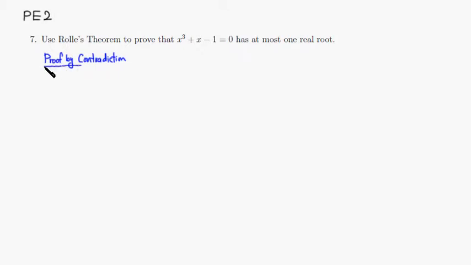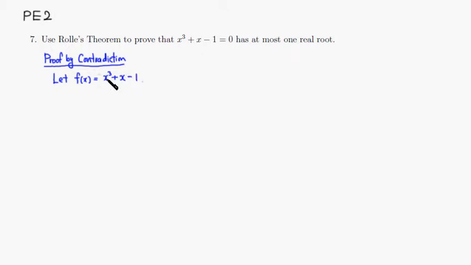I'm going to let the function f of x be equal to x cubed plus x minus 1.